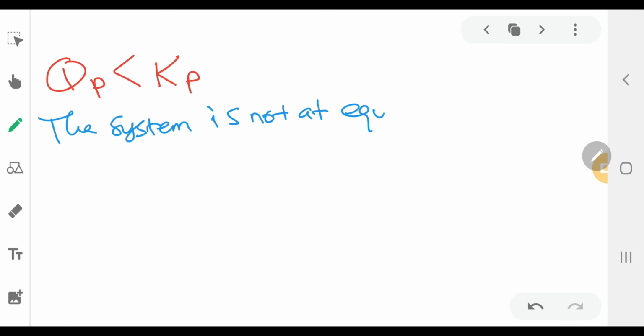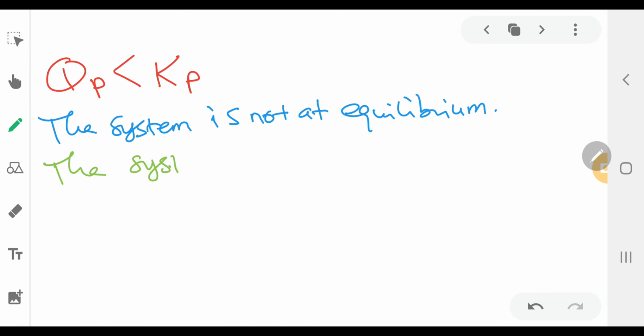Therefore, the system is not at equilibrium. So what will happen then?